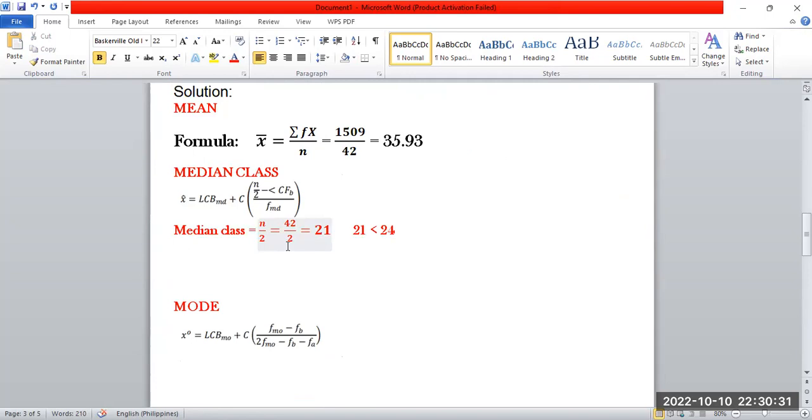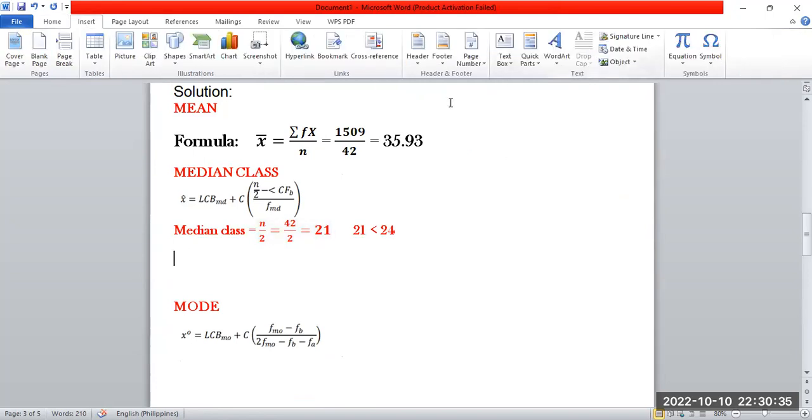Let's solve the class size naman. Medyo mali yung nandun na class size is equal to lower limit of first class minus lower limit of the second class. So the shortcut for that is for the C, yung class interval size.